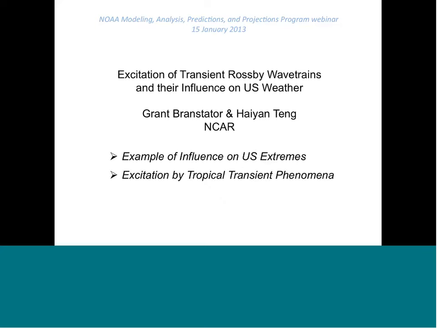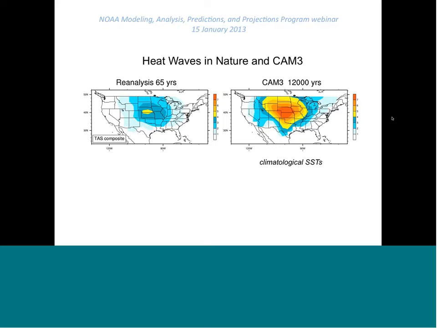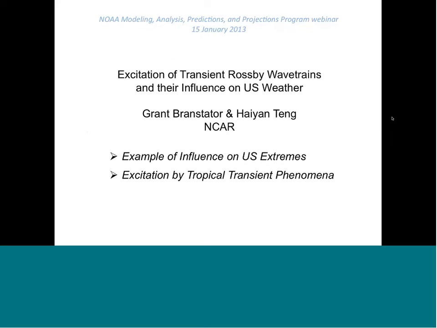On the second slide, I have a brief outline for the points I want to make. I'm going to cover two topics. The first is a simple brief analysis just to demonstrate how transient wave trains can in fact influence U.S. conditions.